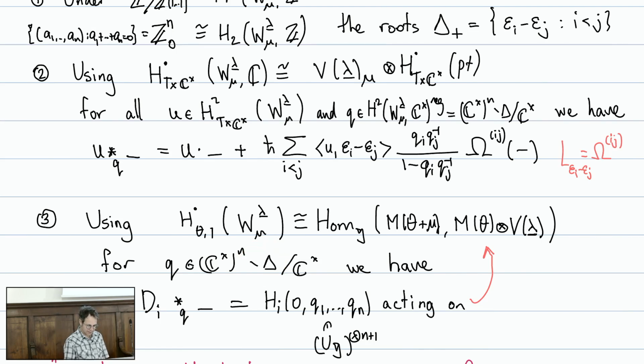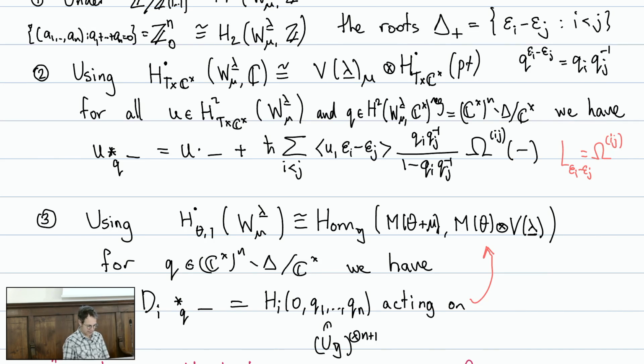This throwing away of the delta corresponds to the fact that, remember, what I need to throw away is where Q to the alpha is 1. And Q to the alpha, this epsilon i minus epsilon j thing, is just Qi, Qj inverse.